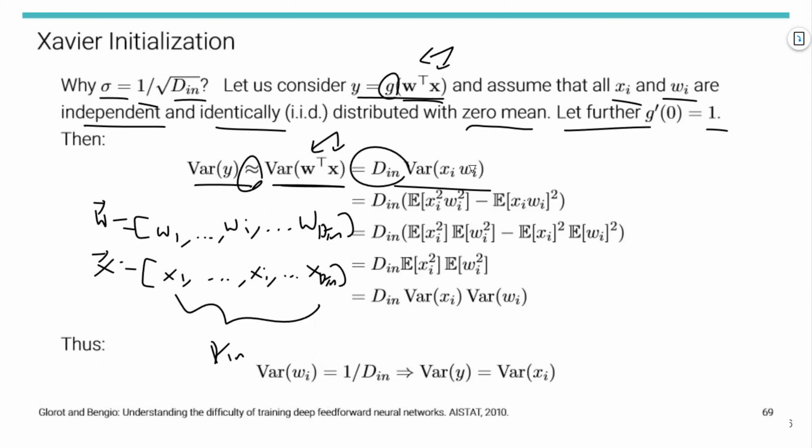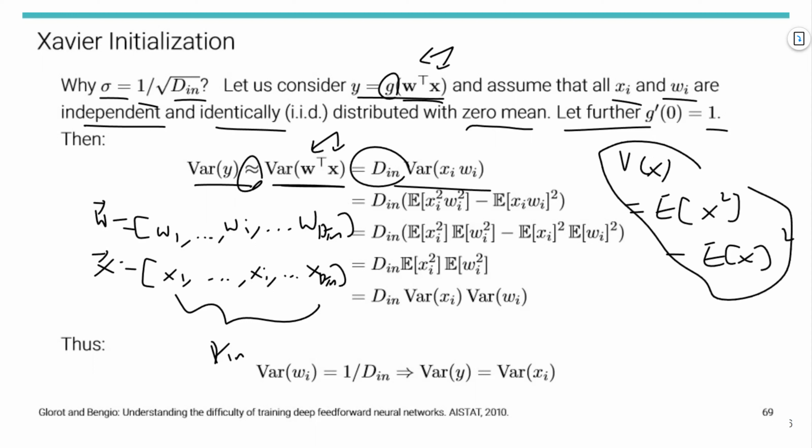And how do you calculate the variance? Variance can be formulated as the expectation of the squared minus the square of the expectation. This is high school or first year mathematics.